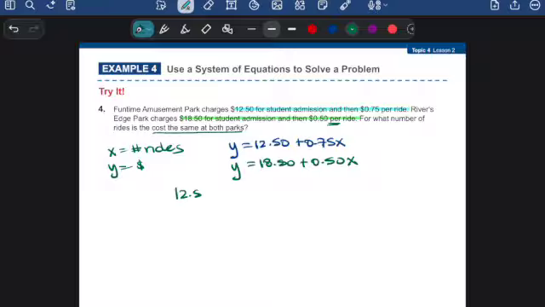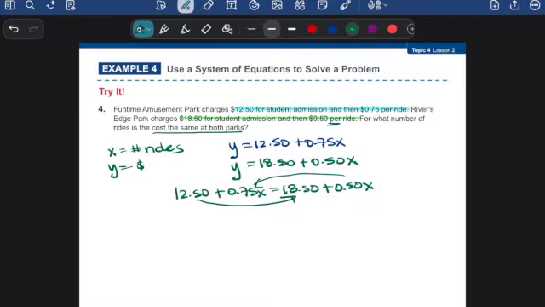And we're just going to set those two equations equal to each other and solve. So $12.50 plus 0.75x equals $18.50 plus 0.5x. Okay. I'm going to move the 0.5 to the left. That means I'm going to move the $12.50 to the right. So I'm going to subtract 0.5x from both sides. And then I'm going to subtract $12.50 from both sides.